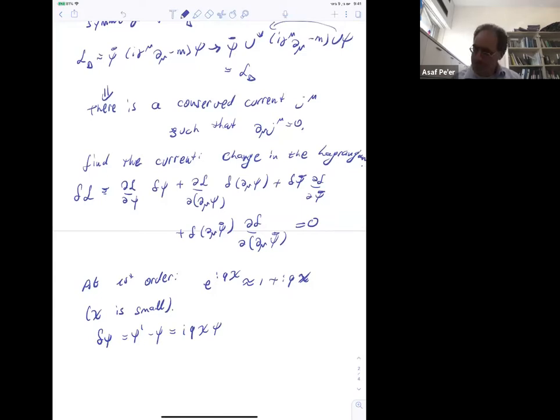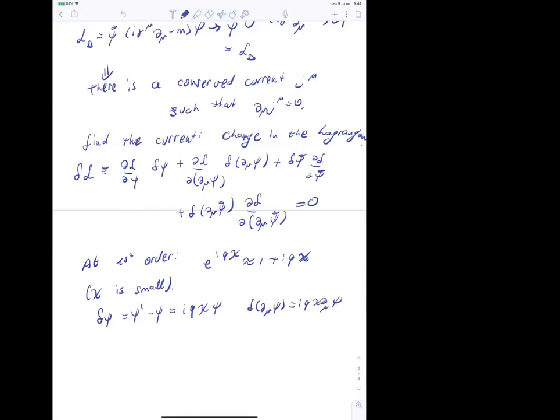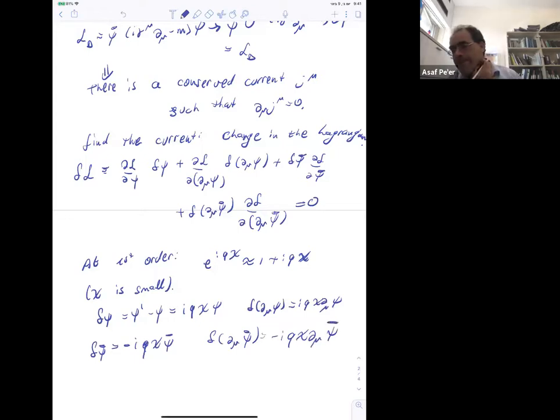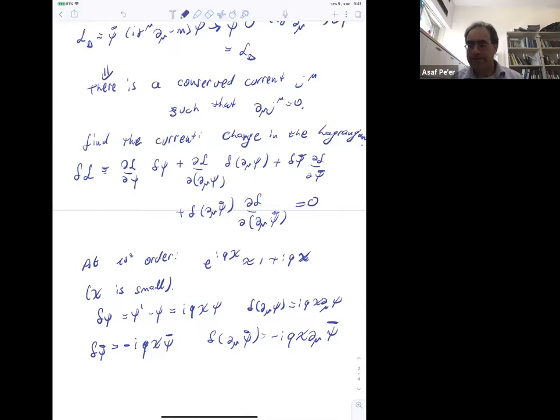And delta of d_mu psi is i q chi d_mu psi. Similarly, delta psi bar is minus i q chi psi bar, and delta d_mu psi bar is minus i q chi d_mu psi bar.